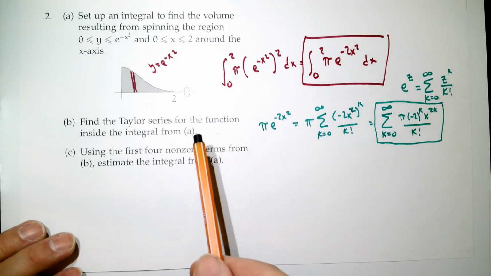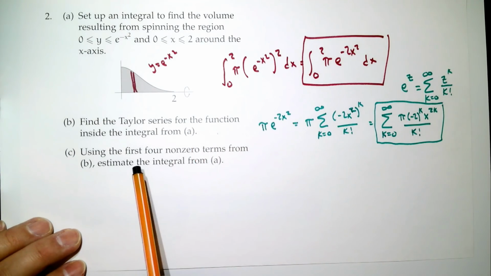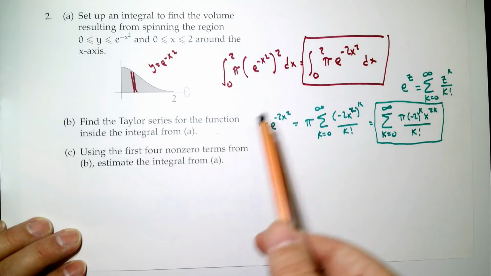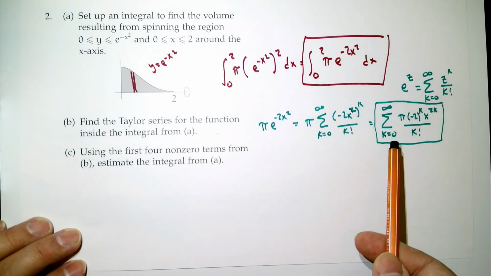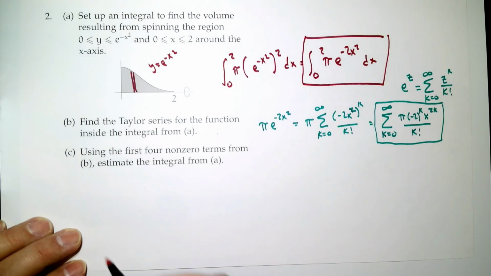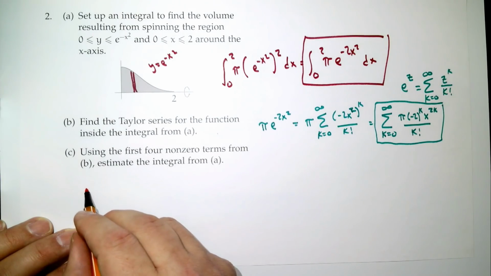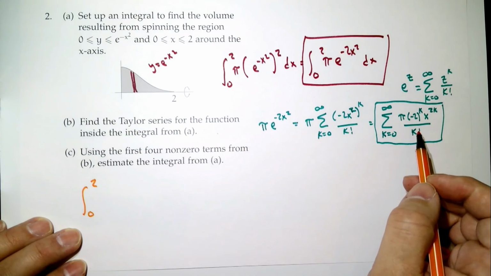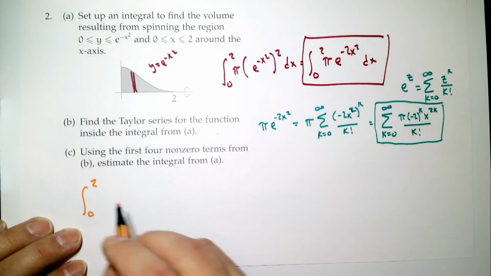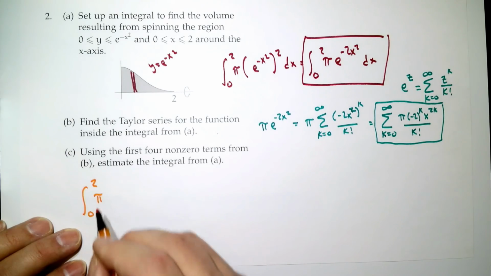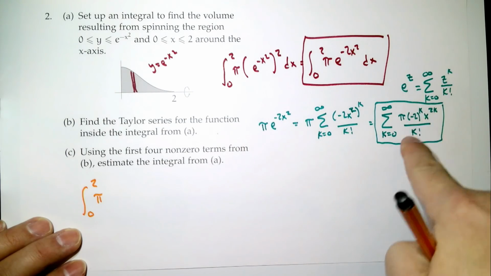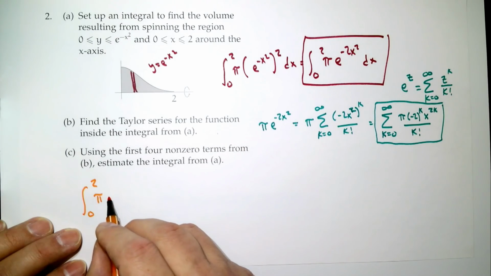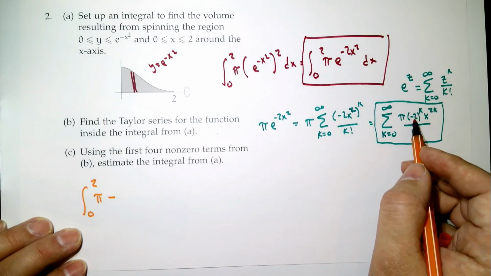So we've done part A, we've done part B. Now it says use the first non-zero terms from B to estimate A. So first 4 start at 0. So let's see, what do we have? We're going to talk about the integral from 0 to 2. And then I'm just going to grab the first 4. So k equals 0, I'd have pi, because something to the 0 is 1, 0 factorial is 1. The next term will be a minus, because they alternate in sign.